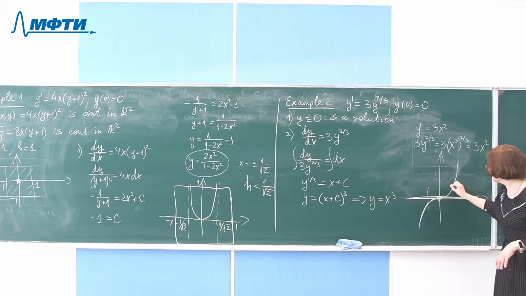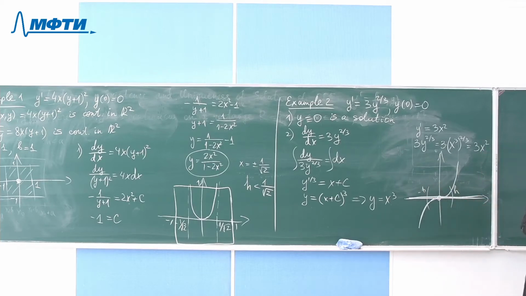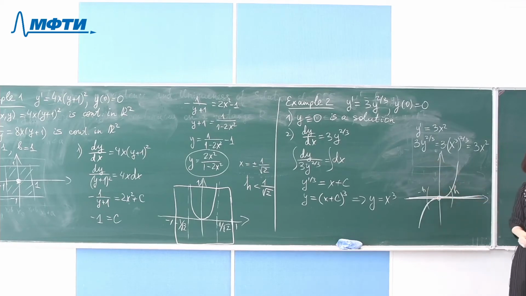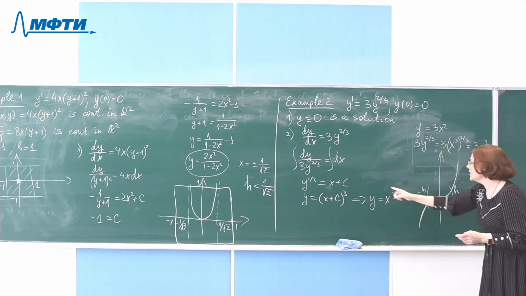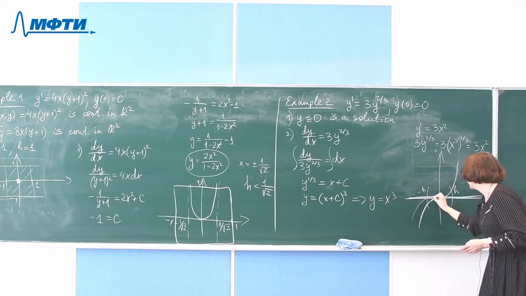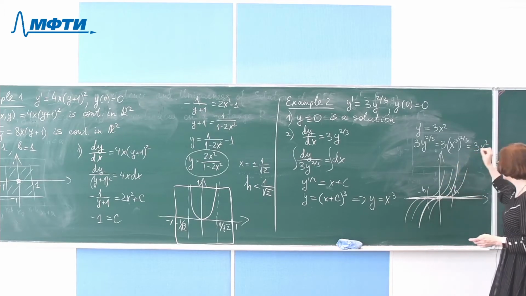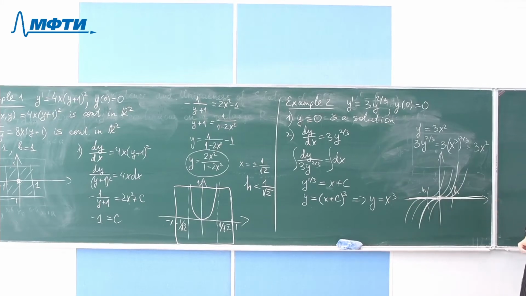If we fix a neighborhood, so if we fix minus h and h, we can show that there are infinitely many solutions, infinitely many functions satisfying this differential equation for x between minus h and h, because the family of the integral curves will have this form. This is the family of curves. Except for these two solutions, identically 0 and x cubed, we have infinitely many solutions.